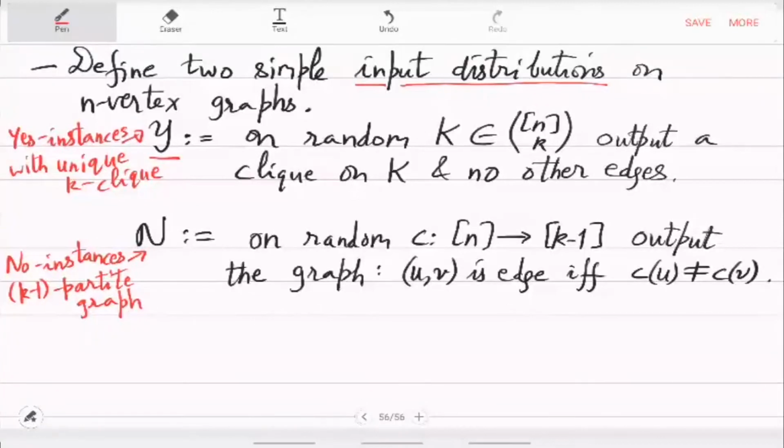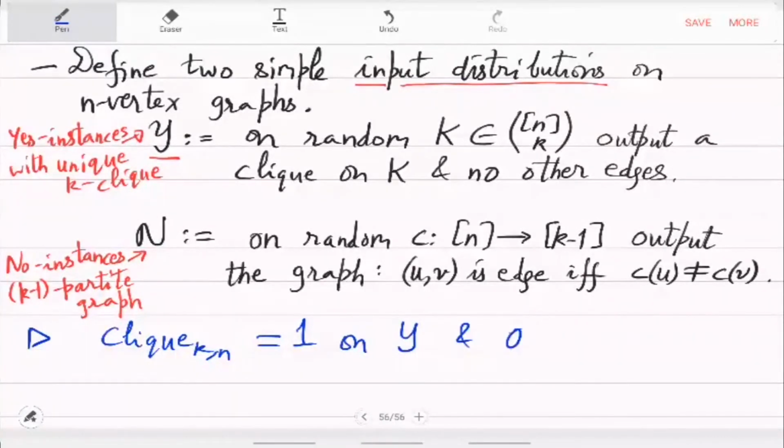So you can immediately see that clique function is 1 on the yes instances and 0 on the no instances.